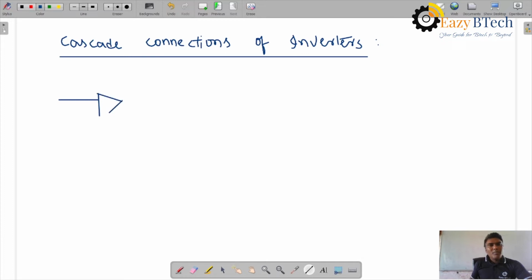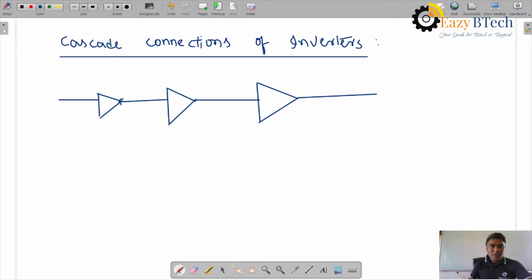Here is a diagram of cascading connections of inverter. Increase the size of the inverter so that it maintains the large capacitive loads. This is one inverter, this is another inverter, and this is another inverter.